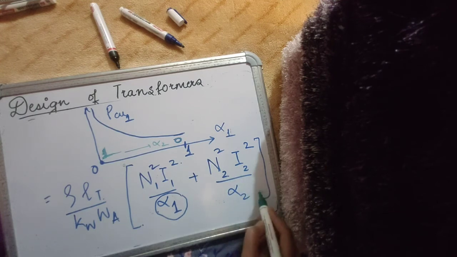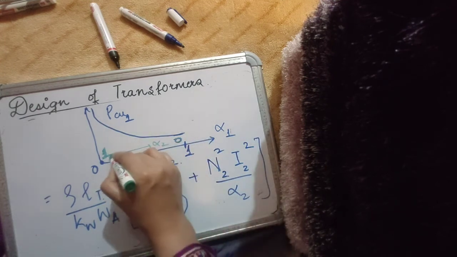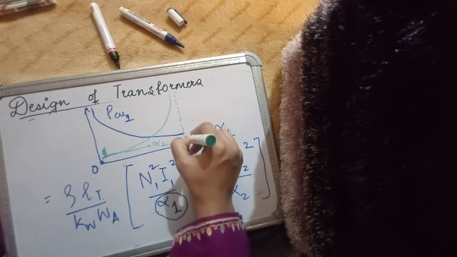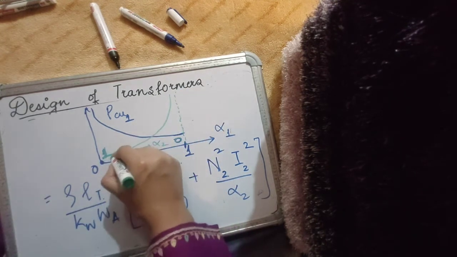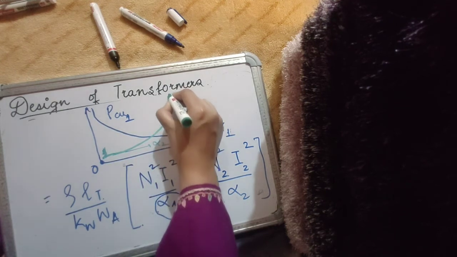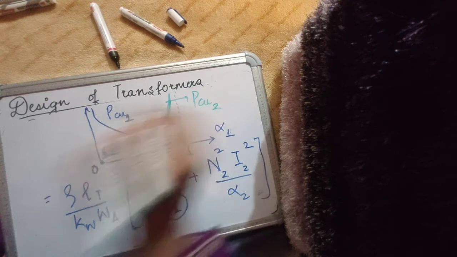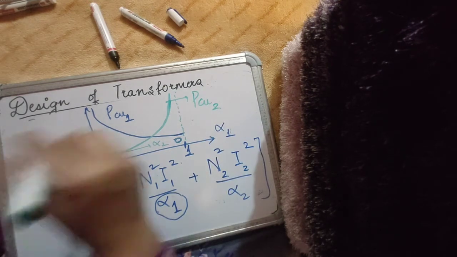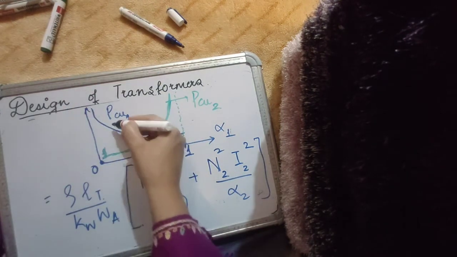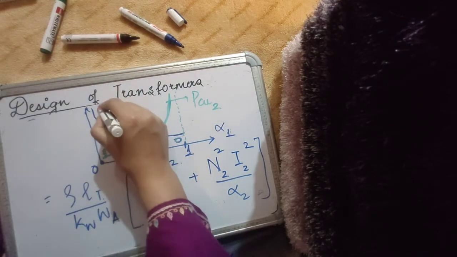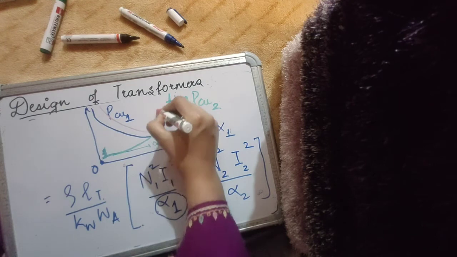Finally at alpha 2 equal to 0, this loss tends to infinity. So something like this. The green one shows the loss of the secondary winding. The combined loss of the two, if you just add these up, will look something like this.